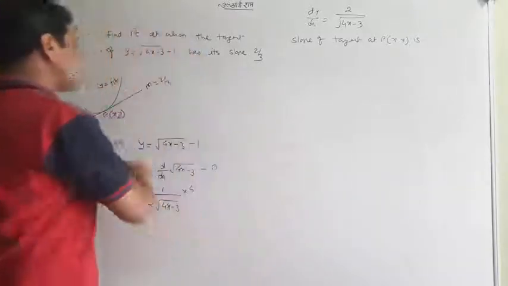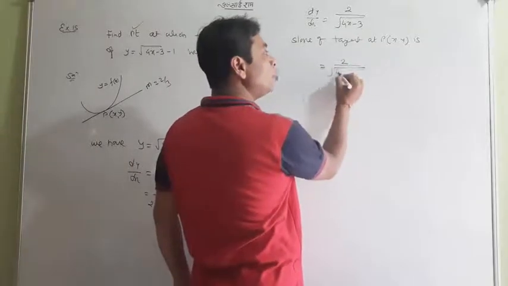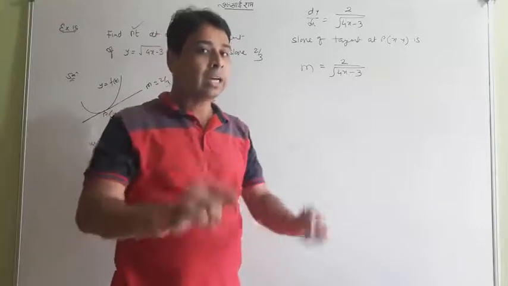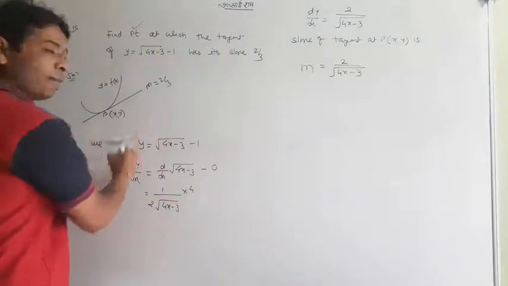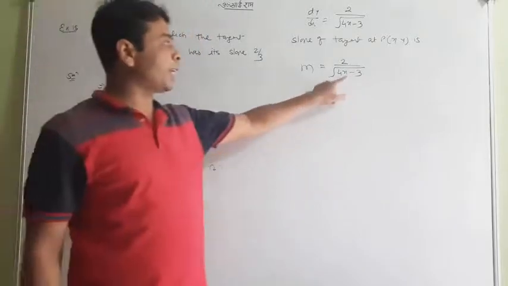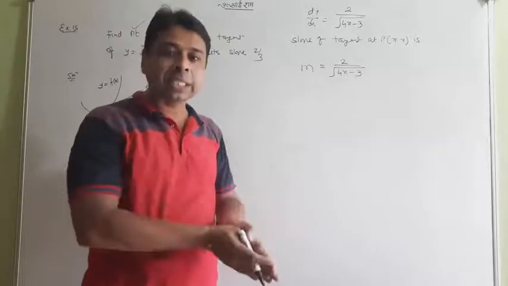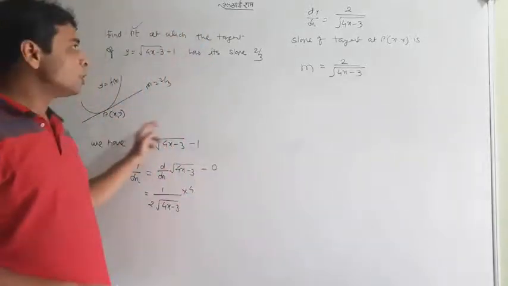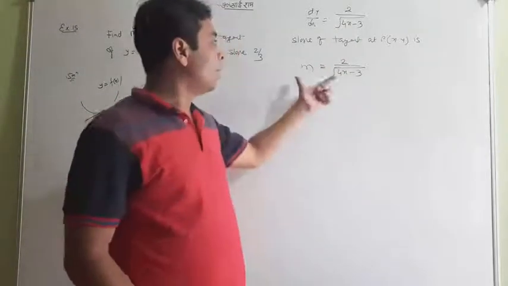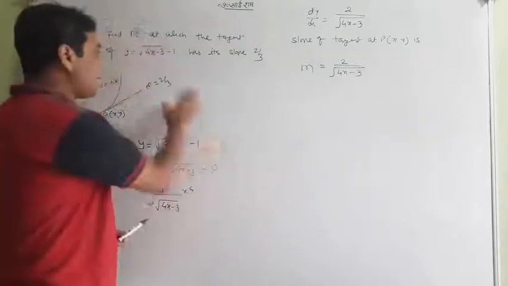Your point of contact is x and y, so putting x instead of x will be the same, no matter at all, but this is going to be m. If you're still confused, think: if I supposed to take x1 y1, I put x1 here. If you have x2 y2, I put x2 here. Then it will be your m. But intentionally, for ease, I took only x and y so that it won't change and it won't be difficult for you. Okay, now we have got m equal to this.